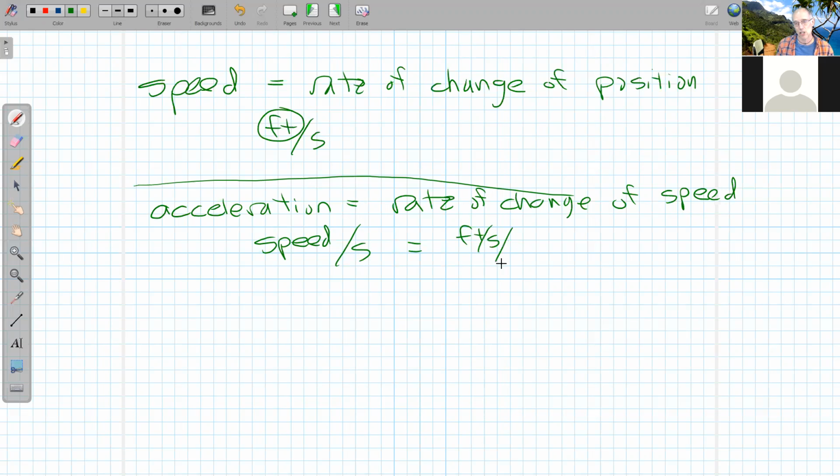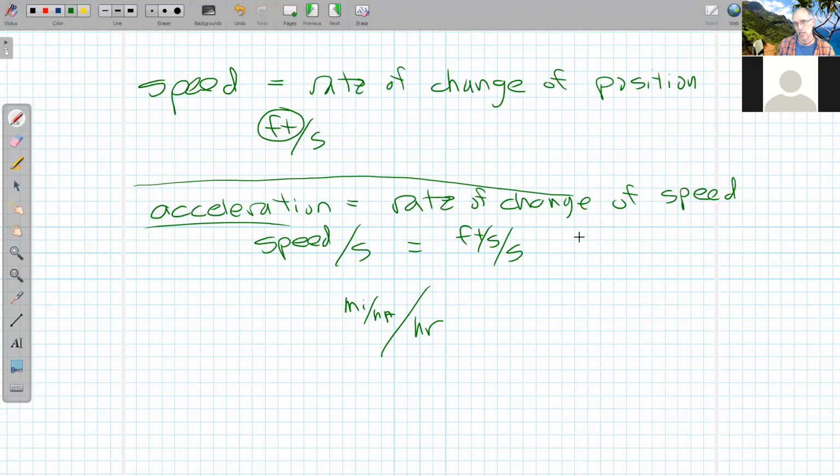So then I have to get another per second to talk about acceleration. If we were talking about the acceleration of a car, it would be the change in the speed. Speed is miles per hour. So acceleration would be miles per hour per hour. So you get a double division of time when you go from position to speed to acceleration.